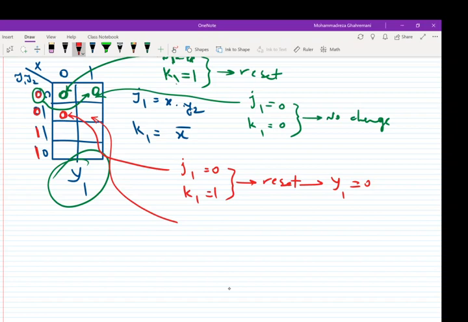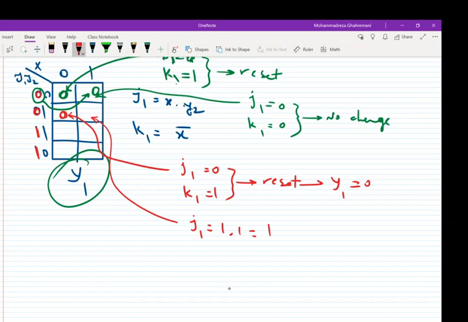Here, next cell. J1 is equal to x y2. X is 1, y2 is 1, so j1 is 1.